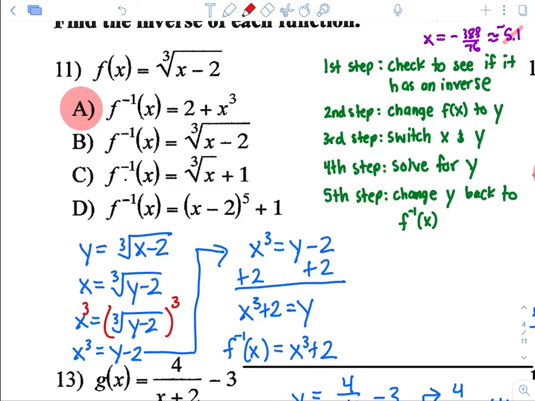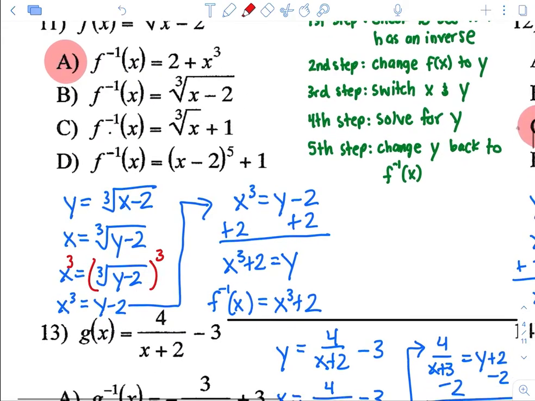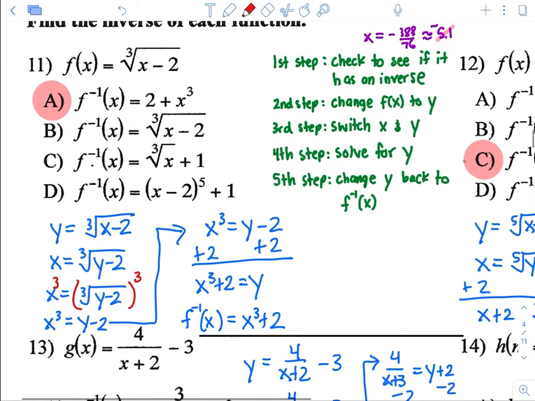So I raise both sides to the third power in order to eliminate this cube root and that third power. Then we get x cubed equals y minus 2. Add 2 to both sides, and we finally isolate the new y. Then the y becomes f inverse of x. So f inverse of x is equal to x cubed plus 2. That is the inverse, which is A.